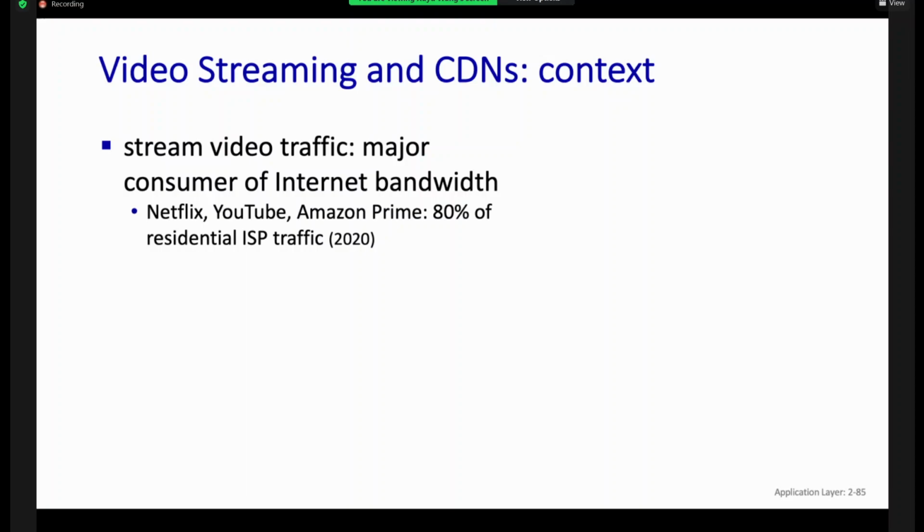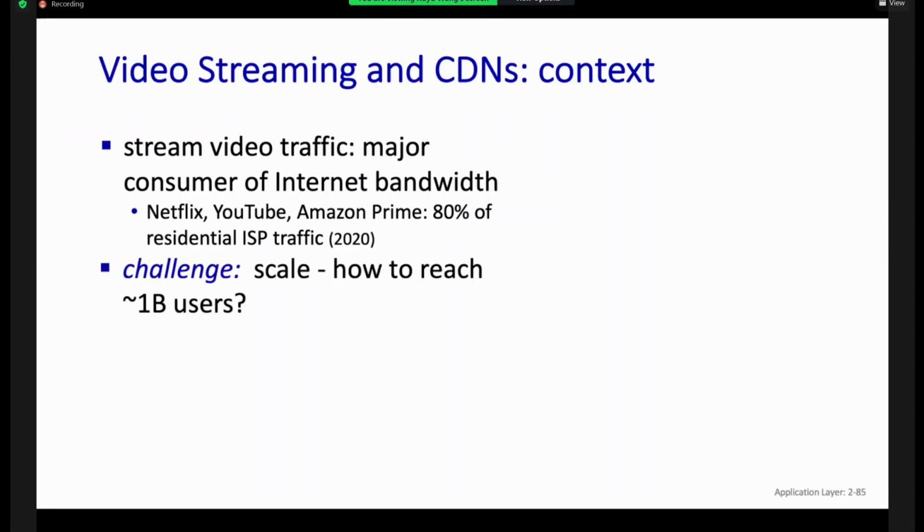This uses 80% of the current ISP traffic, especially at night, so this is large data for the internet. We need to handle some issues. For example, how to schedule and how to get the video to support billions of users, the scalability problem.